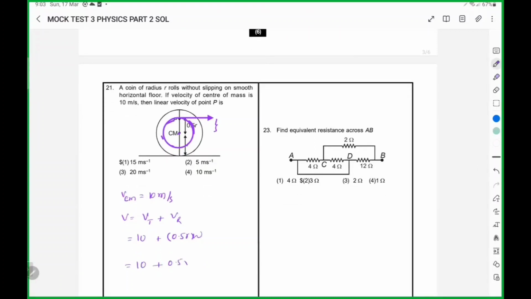So r value is given right here for center of mass velocity, so this is r omega. So 10 plus 0.5 r omega, r omega is 10, that is 15 meter per second.